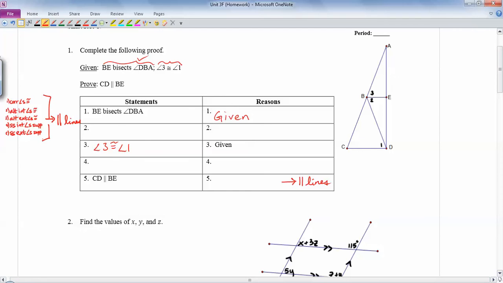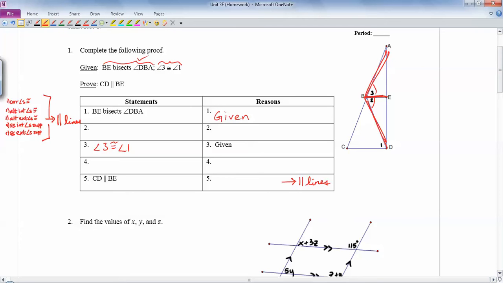Okay. So let's take a look at step 2. Now step 1 says BE, this line right here, bisects DBA, which is this angle, D to B to A. So that means that it cuts that angle right in half. So angle 2 and angle 3 are going to be the same size. So that's going to follow this step.